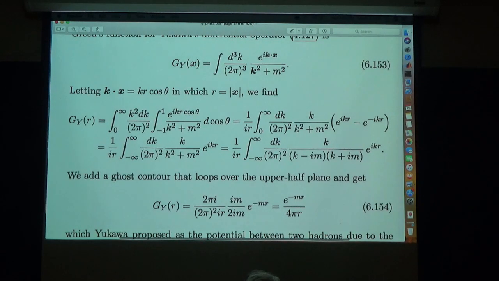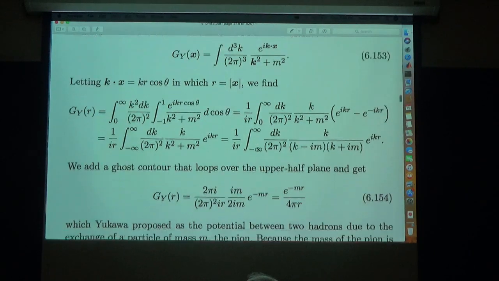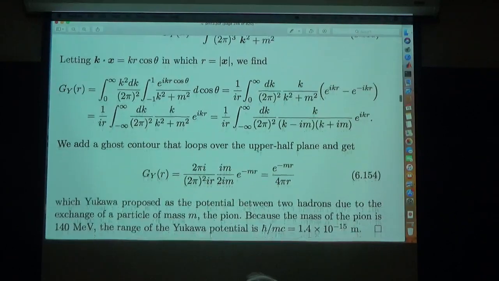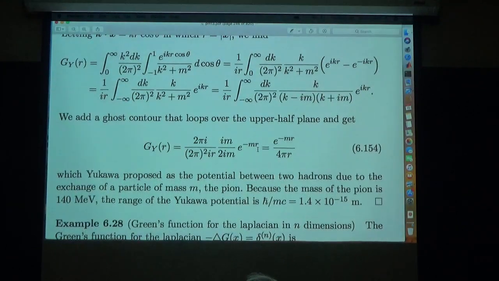These are manipulations that you are familiar with from your courses in mechanics and electrodynamics and quantum mechanics. So then you've got essentially the same thing as in the previous case, and consequently you get this expression.